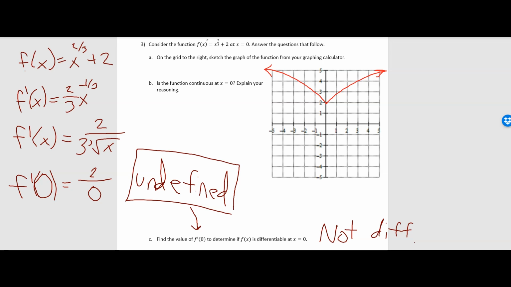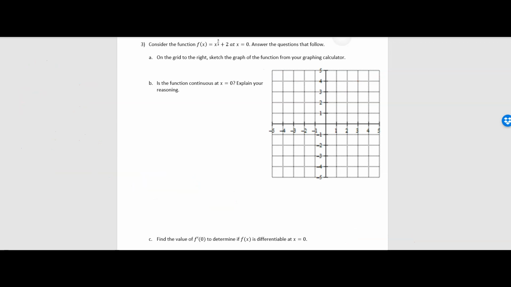So if you recognize that in the derivative there's going to be a variable in the denominator, and you're evaluating the derivative at 0, you may want to check the derivative by hand just to make sure that it's undefined, because we've seen 2 examples here where the calculator has given us an incorrect answer. That being said, we had a continuous function here, but again, it was not differentiable. So let's jump to the next page.